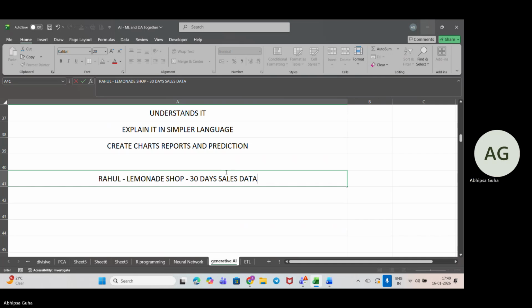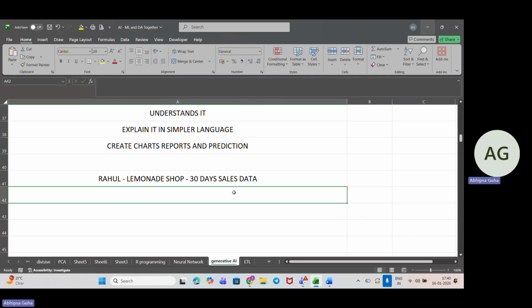Okay. So as I mentioned, Rahul with the lemonade shop has 30 days sales data. Now if we have the data, we have to pre-process the data, then go ahead and do the analysis accordingly, right?